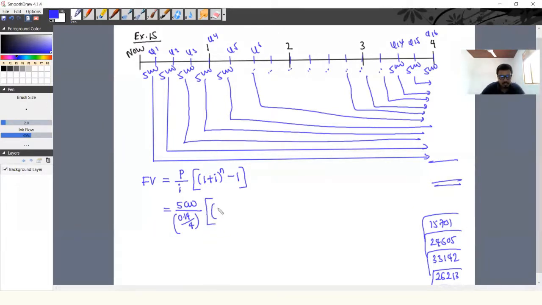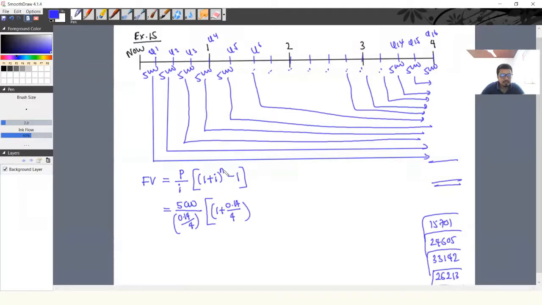Into 1 plus, again, since it is compounding quarterly, we cannot directly take 0.14. We need to divide it by the F value, that is 4, to the power what? Again, we need to adjust this.